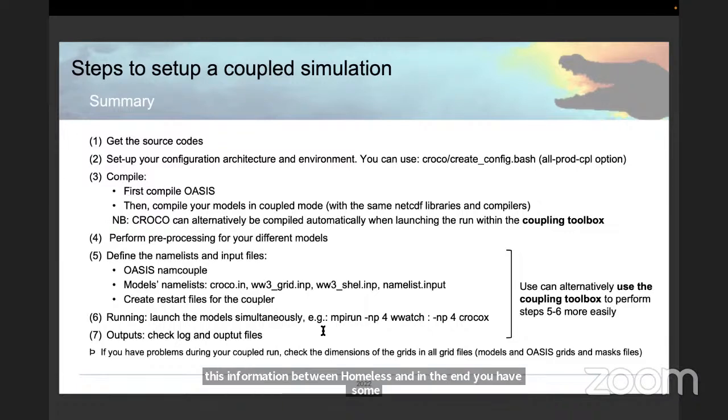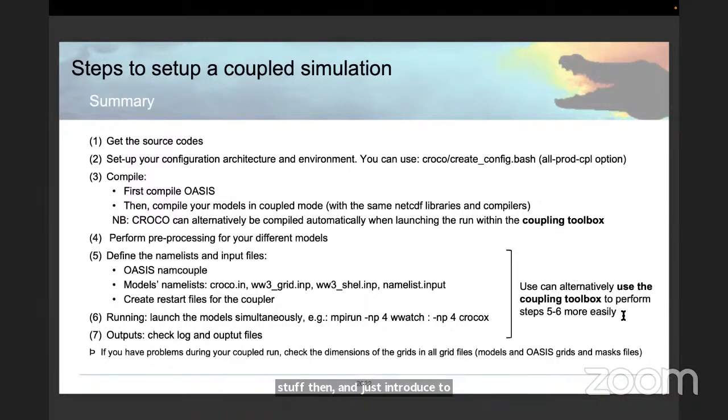So I think I will skip some stuff then and just introduce to you the coupling toolbox that we have built, because as you can see, it's quite complicated. When you have to fill the namcouple, your own namelists, the restart files, etc., there are many sources of potential errors.